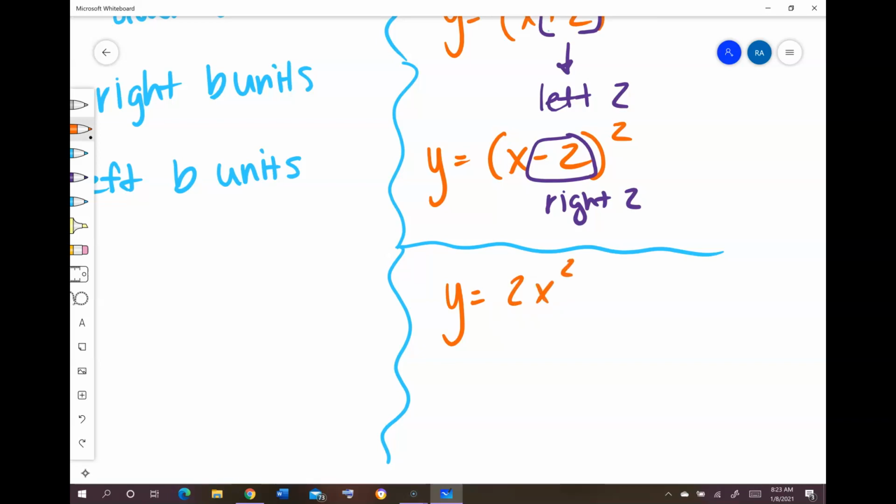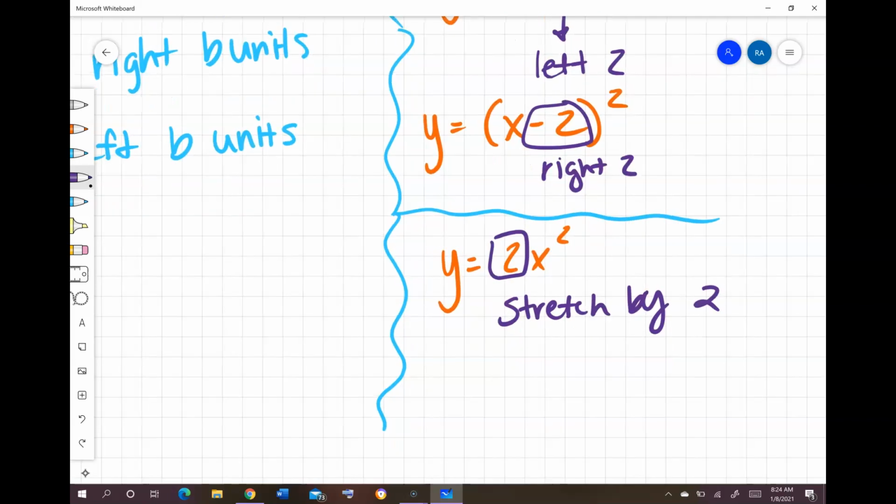That 2 right there means you were stretched by 2. And you guys remember, if you multiply something, doesn't it get bigger? So, excuse me. Woo, my bad. So if there's a number on the outside that's being multiplied, you're stretching by 2.